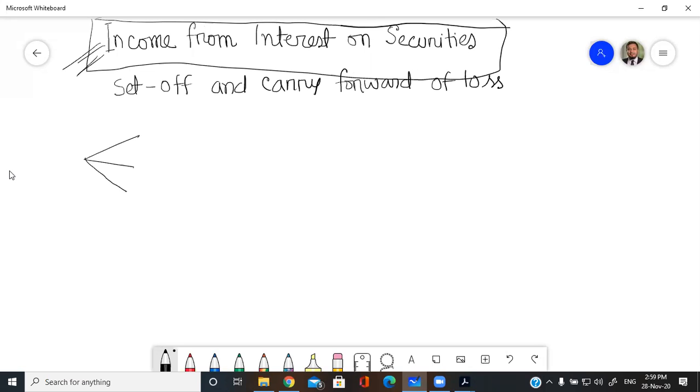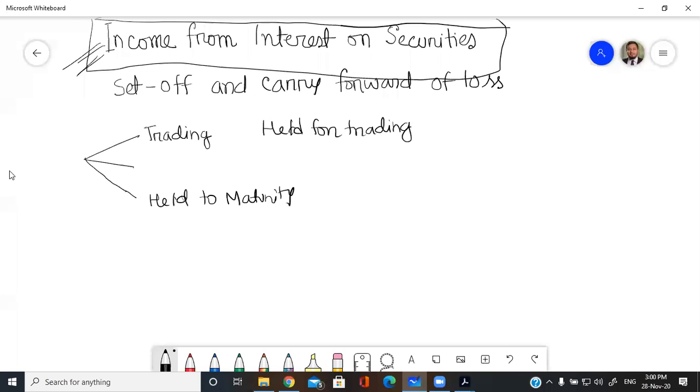One classification is the trading securities, or more formally, held for trading. Another classification, at the other extreme, is held to maturity, and there is another classification in between the two, known as available for sale.